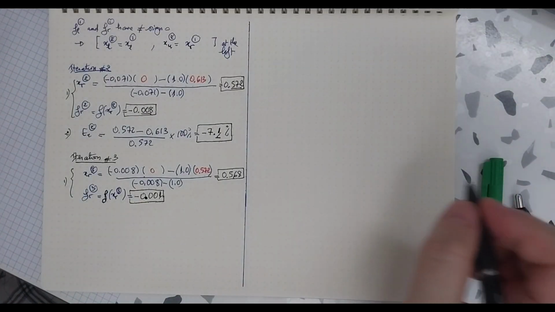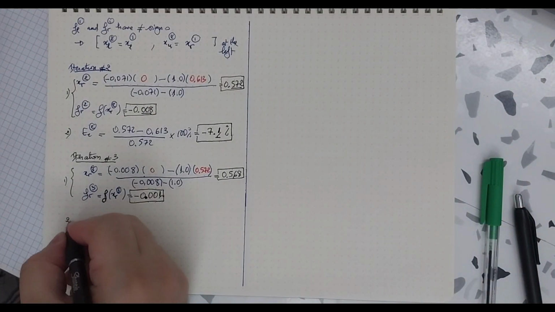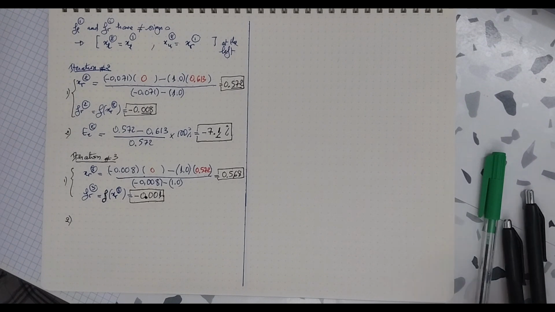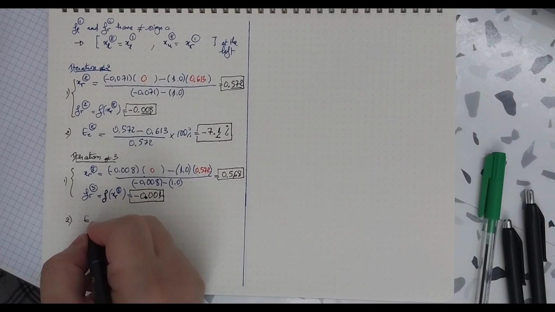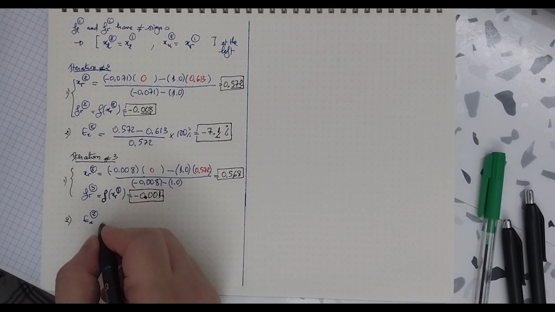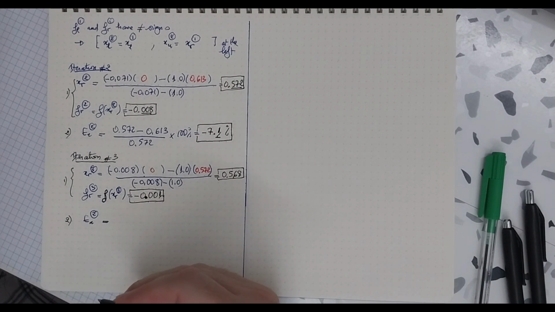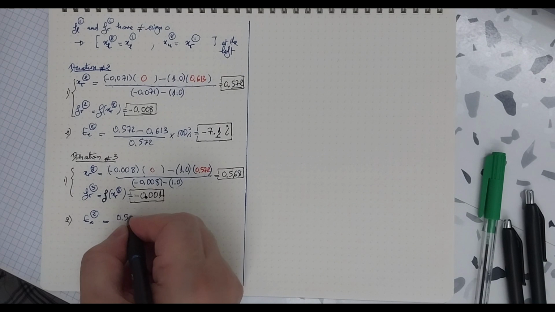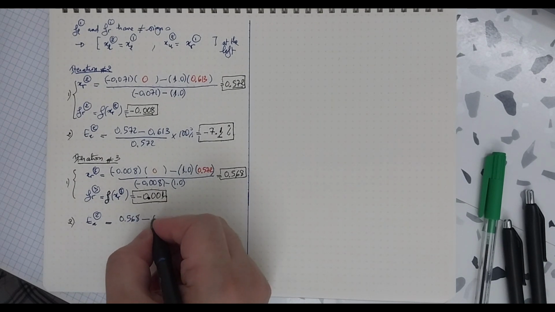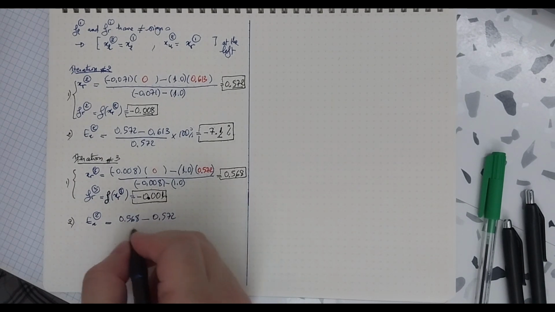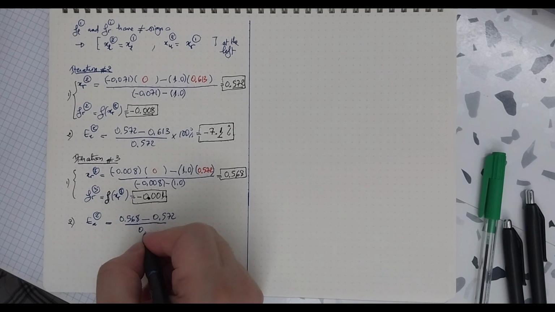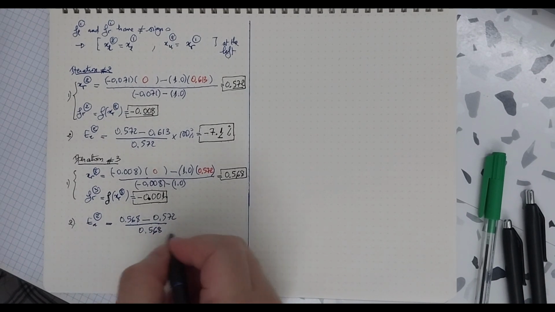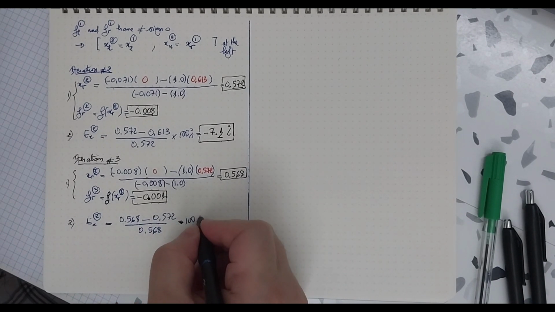And for the error, the relative approximate error at the third iteration, as I said, is current minus the previous value, that is 0.568 minus 0.572 over 0.568 by 100%.